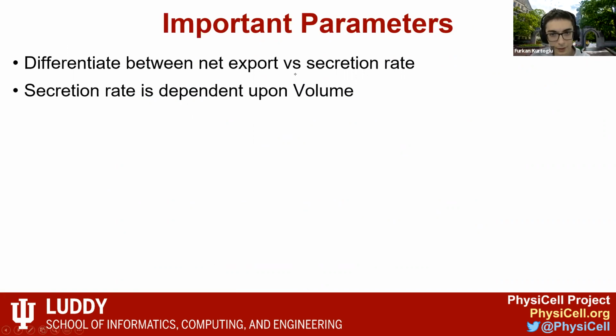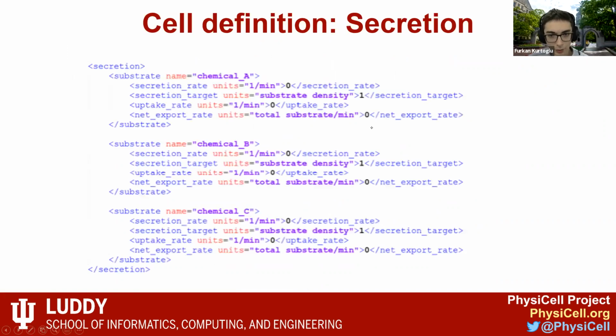We explained the net export, and the secretion depends on volume. So the secretion part looks like this. We are defining, again, a phenotype, and there's a secretion attribute, which defines the secretion rates for the cell.